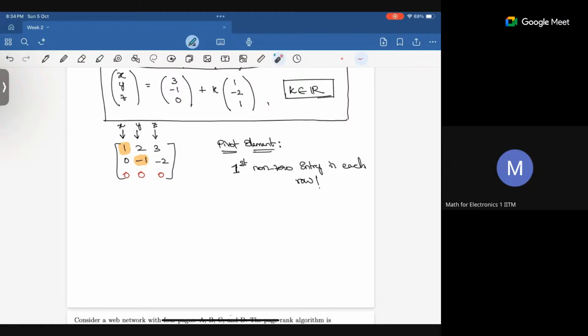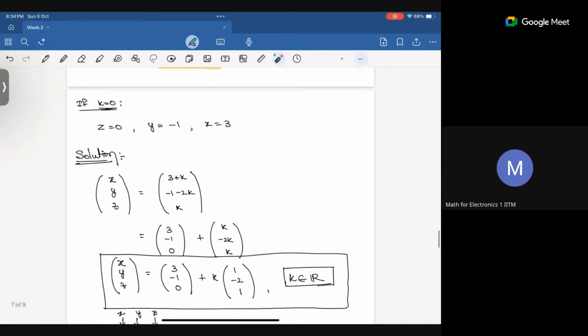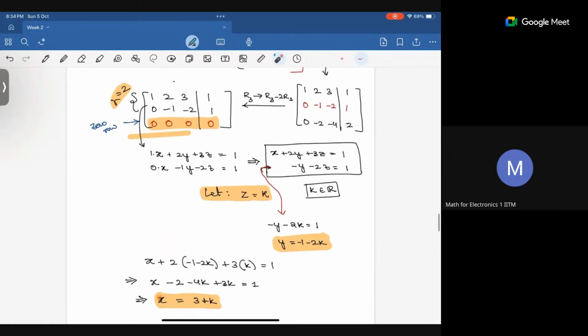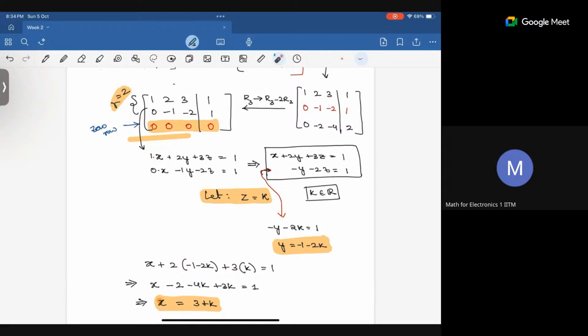Since Z does not have a pivot element, you choose the variable Z to be a free variable. Free variable means it can take any value of its own choice. Okay, so that is why I took Z as some constant k. k can be any real number. It can take any free value.